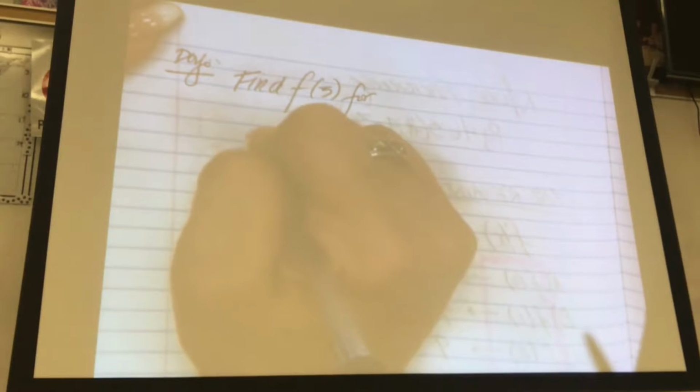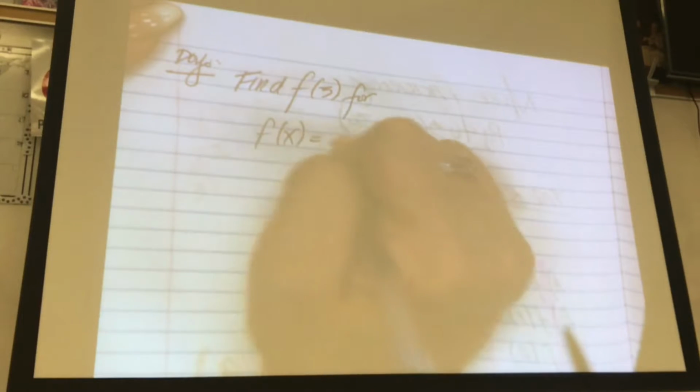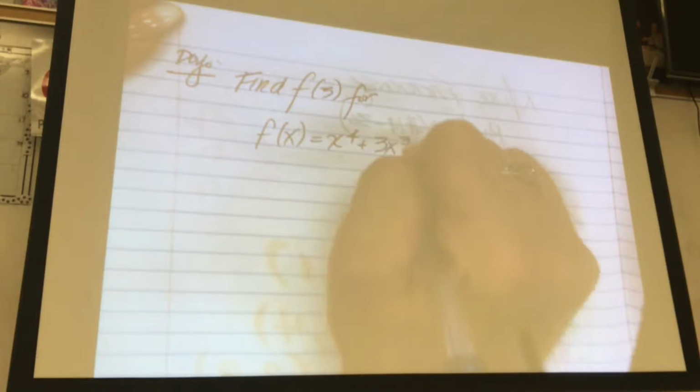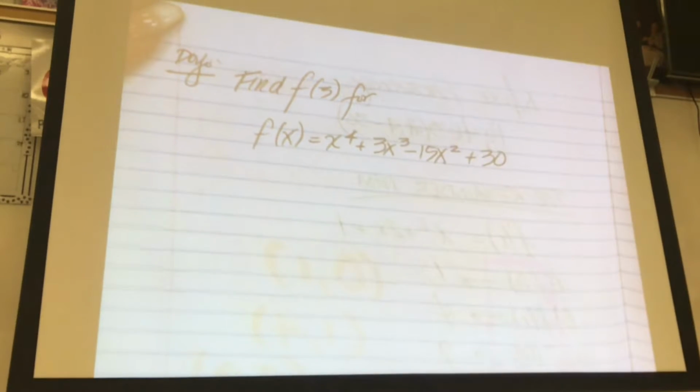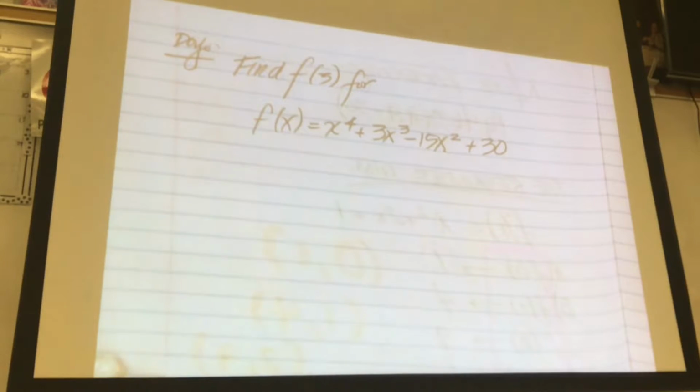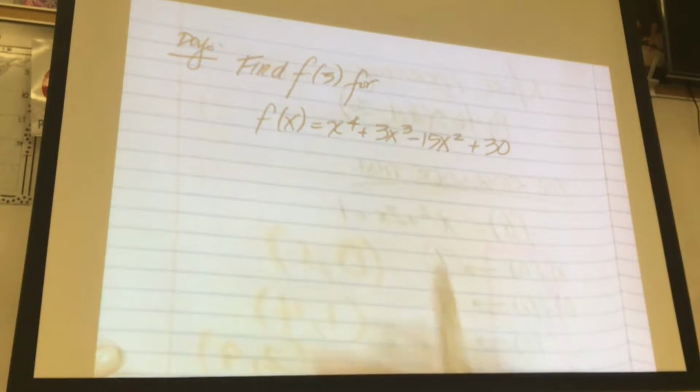All right, let me give you a doyo, actually. I want you to find me f of 3 for this function. Old school way, you used to plug in 3.